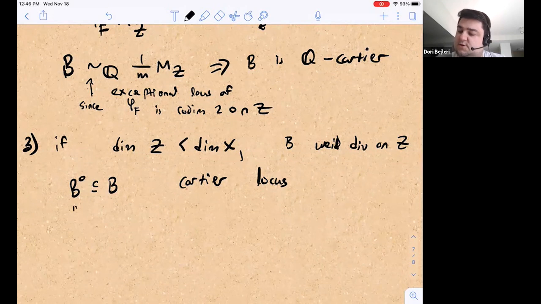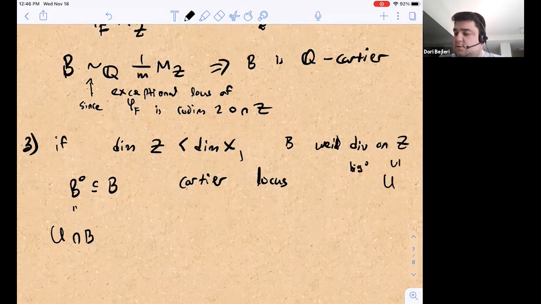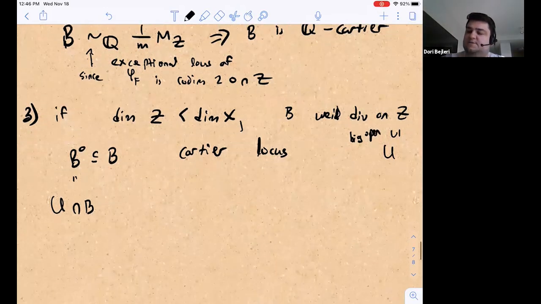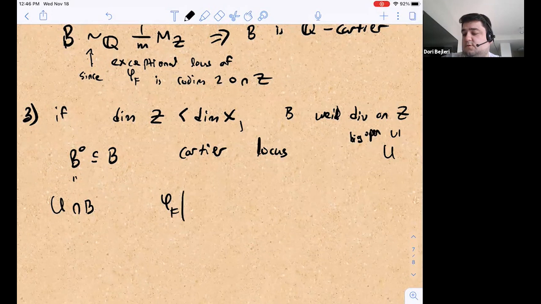So this B0 is going to be some U intersect B, where this is some big open set, where by big we mean that the complement is codimension 2. So now we can restrict phi to the preimage of U. I keep writing phi F instead of phi R, but just remember this whole time F is actually a ray.